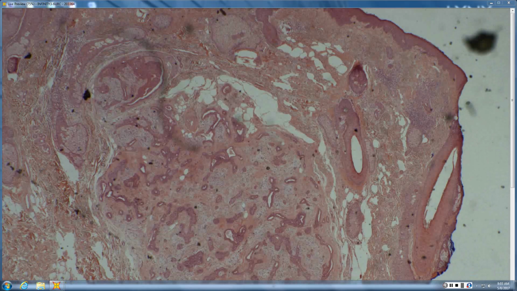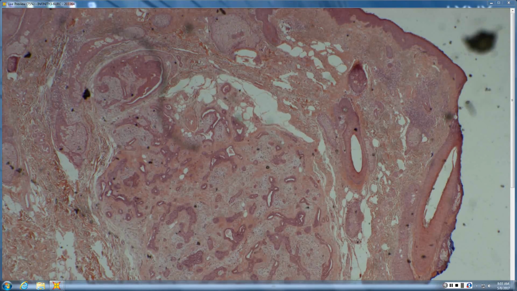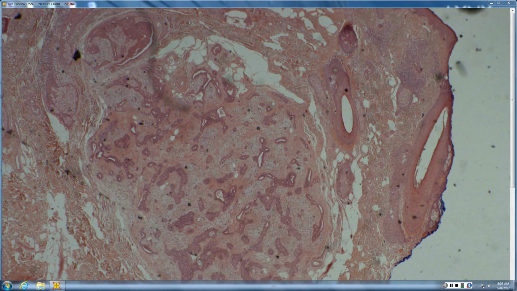In first impression, it looks like a nodule in the deep dermis. Very good. And then it looks like maybe this tumor is from Pinkus or from sweat.